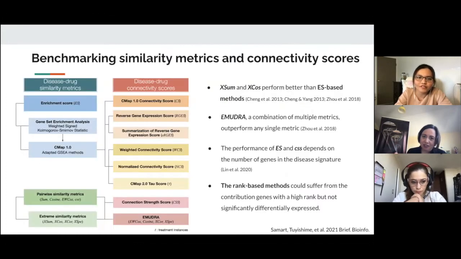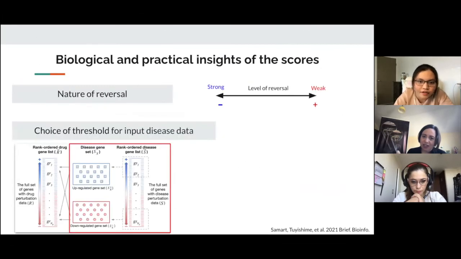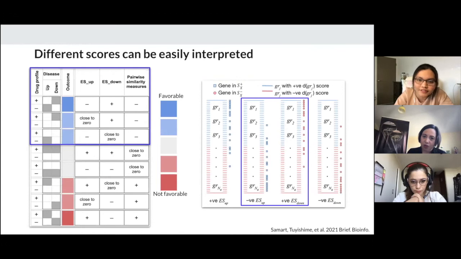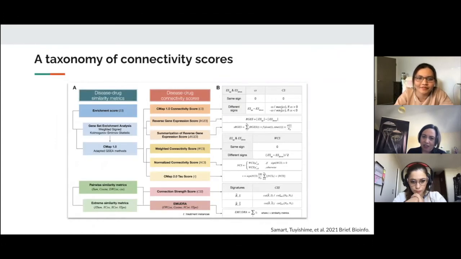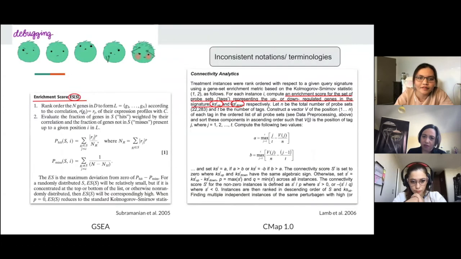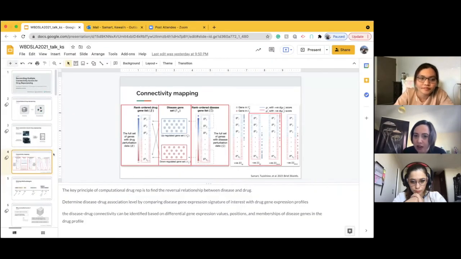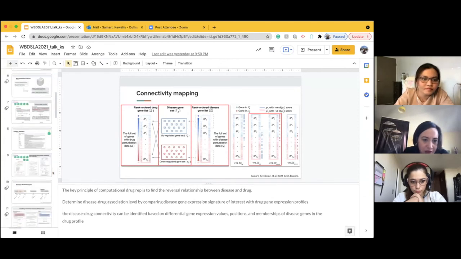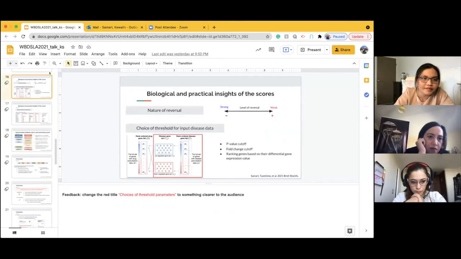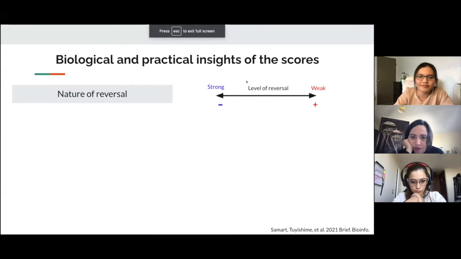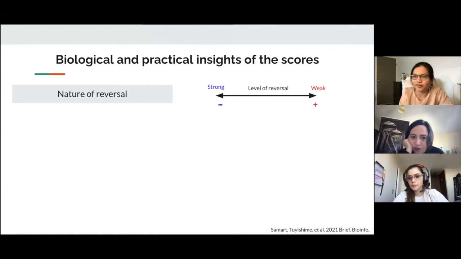Okay. Which slide? This slide? Go back. I think it must be this slide, right? Yes, but the reversal relationship where you have the strong and weak. Yes. Okay. So what I was saying is that the score that revealed the stronger reversal relationship would be the score with lower negative.